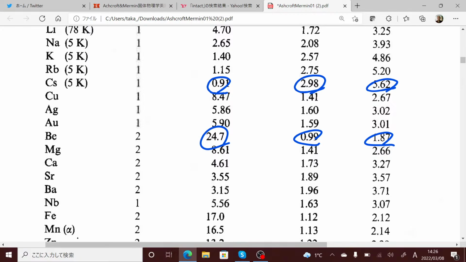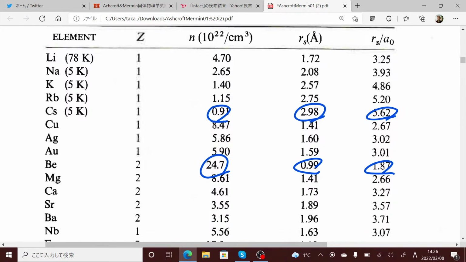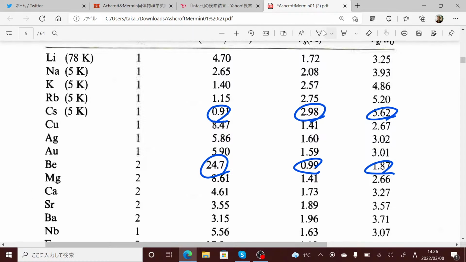Magnesium, valence electron 2, alkaline earth metal. I forgot what you call this.